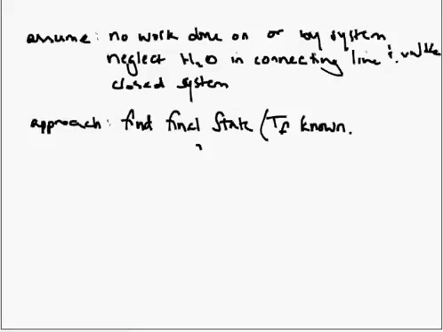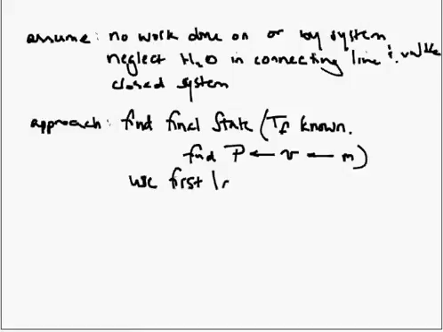So what I need to find is the final pressure. I'm going to do that by finding the final specific volume. I'm going to do that by finding the total mass of the water. Then I'm going to use the first law to find Q, my heat transfer.